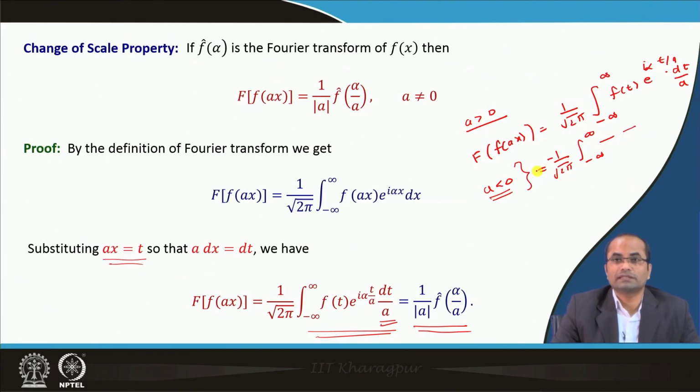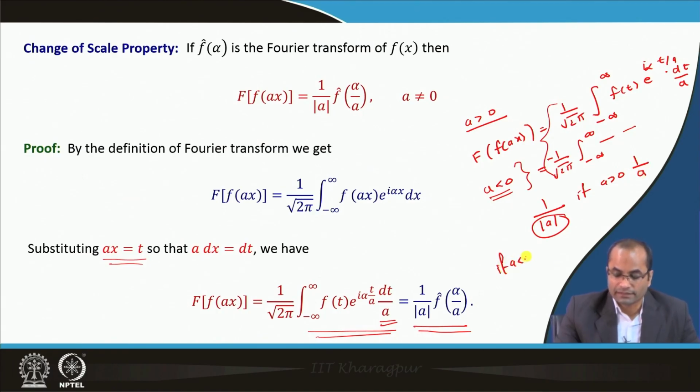Irrespective of the sign of a, if we change this to 1 divided by the absolute value of a, that will take care of the sign, because when a is positive, 1 over modulus a will be 1 over a, and if a is negative, then it will become 1 over minus a.